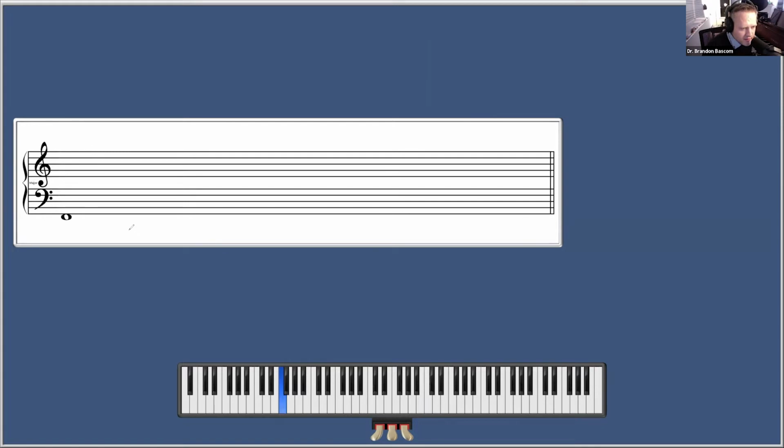Closest home note to that note, what is it? Bottom space A, skip down, and I get F. Closest home note to that note, G clef G, step up, and I get A.